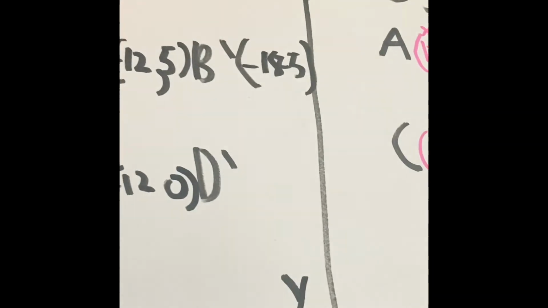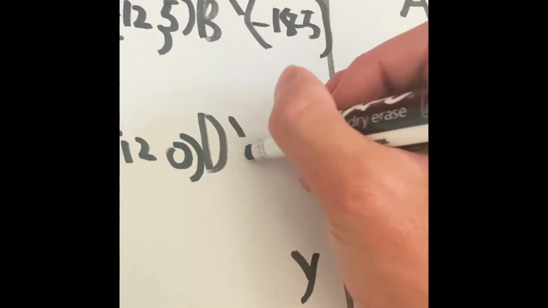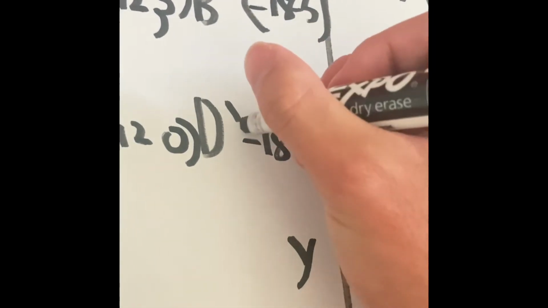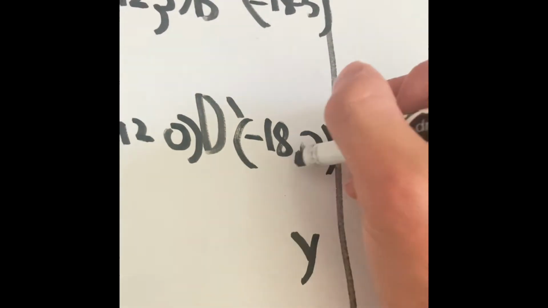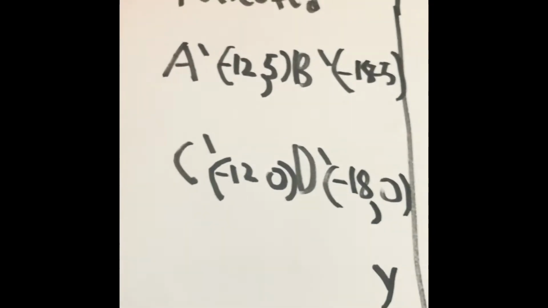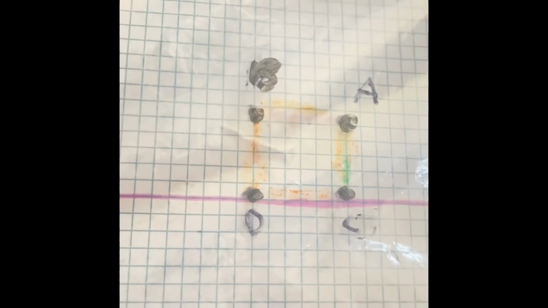And for D, it's going to be negative 18 and positive 0. Or I'm going to say 0 because 0 is a neutral number. So negative 18, 0. Now we have found the new points for our reflected shape. We moved from right here, and we reflected it over the y-axis to right over here.